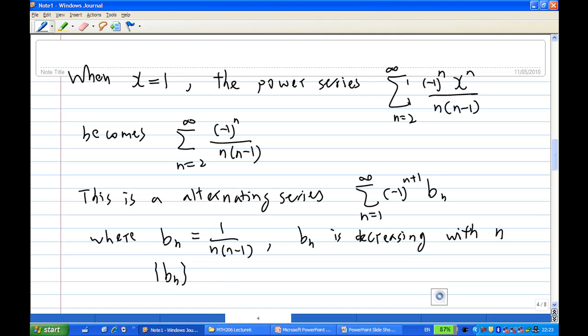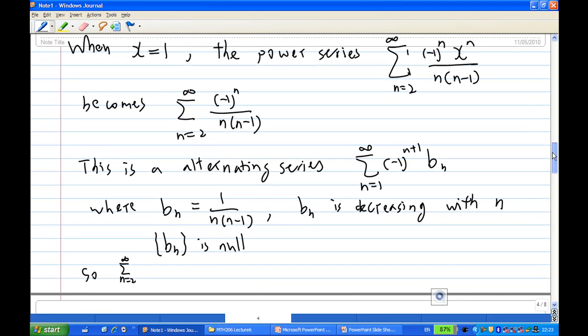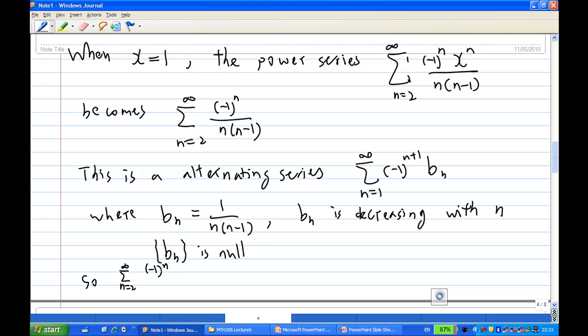Therefore the series will converge. So this series, the sum from n equal 2 to infinity of (minus 1) to the power n over n times n minus 1, converges by the alternating series test. So we know that when x equal to 1, the power series converges.